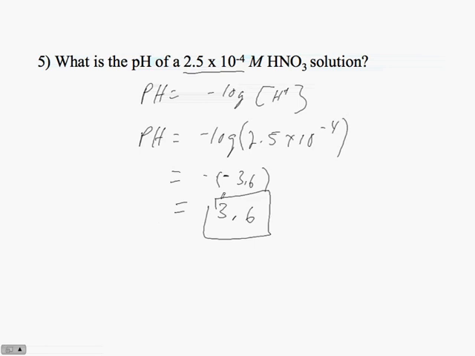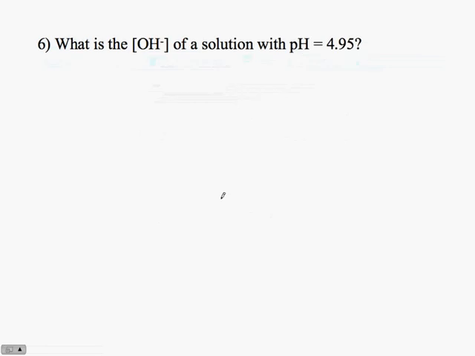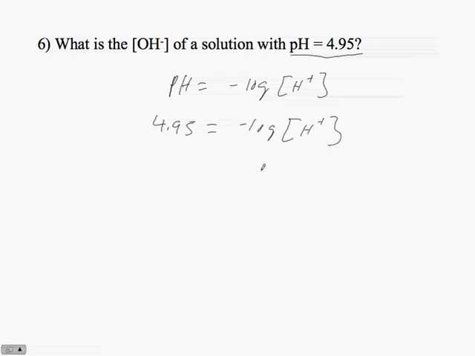Alright, let's take a look at one more problem. It says, what is the hydroxide ion concentration of a solution with pH 4.95? So again, using our formula, pH is equal to minus the log of the hydrogen ion concentration. We're told that pH is equal to 4.95, so 4.95 is equal to minus the log of the hydrogen ion concentration.